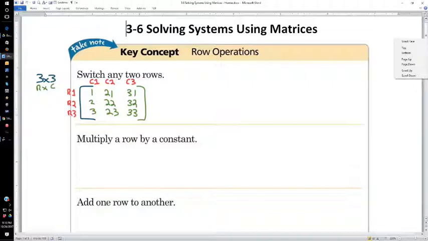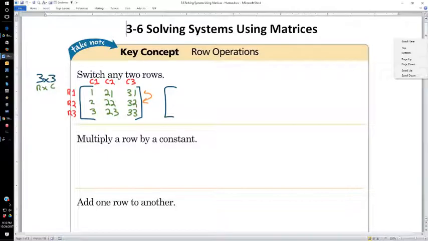There's a level at which the order can be messed with a little bit. If I decide to switch any 2 rows, I could switch row 1 and row 2. All I would have to do is go like this.